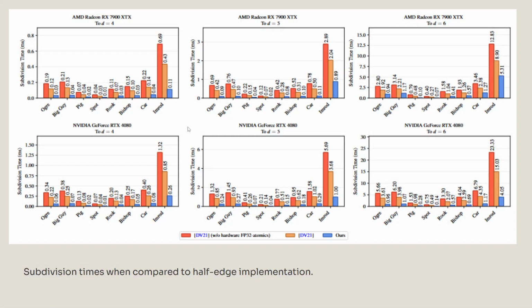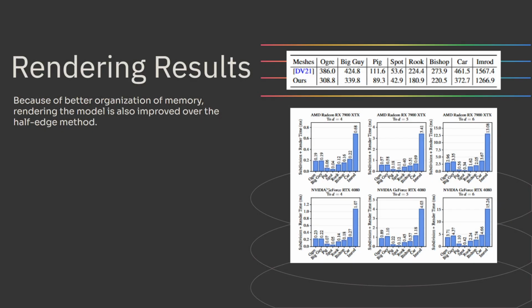Anyways, they compare subdivision times from their method, in blue here, with a go-to implementation using half edges. And of course you can see subdivision times going up using the same meshes, going up from 4, 5, 6 iterations on AMD or NVIDIA. Their method just blows the half edge method out of the water. Same thing happens here with rendering.